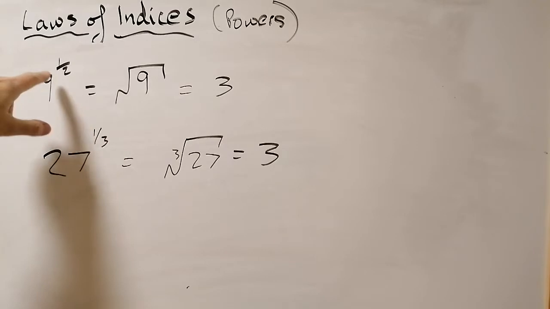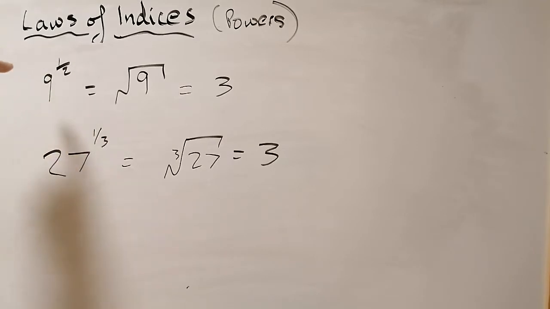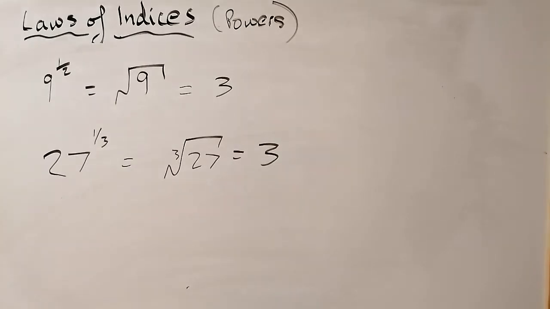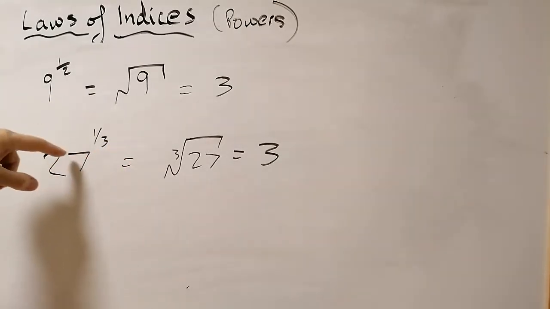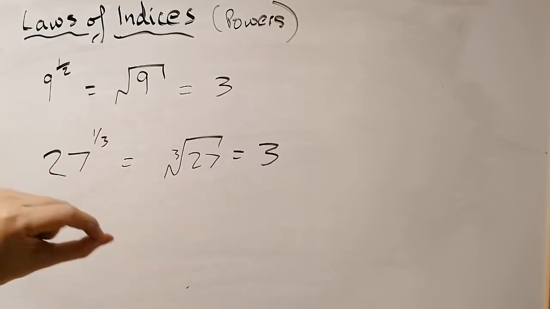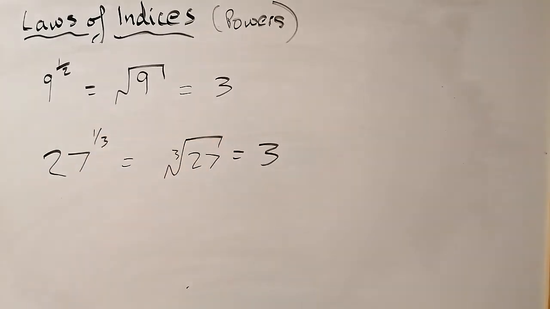So 9 to the power of a half is a simplified way of saying the square root of 9, and 27 to the power of 1/3 is a simplified way of saying the cube root of 27.